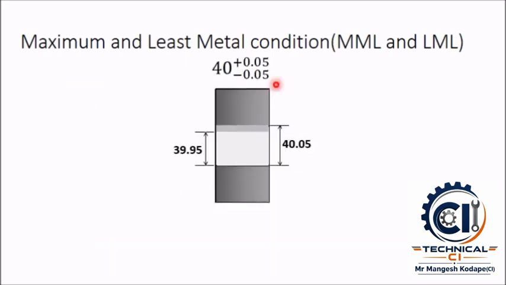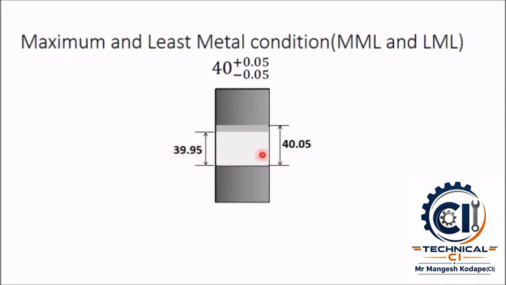But in case when a hole is made on a plate, the maximum and minimum metal conditions are different. Here you can see that in this plate I want to create a 40 mm diameter hole. So instead of 40 mm diameter, I can produce 40.05 and 39.95.